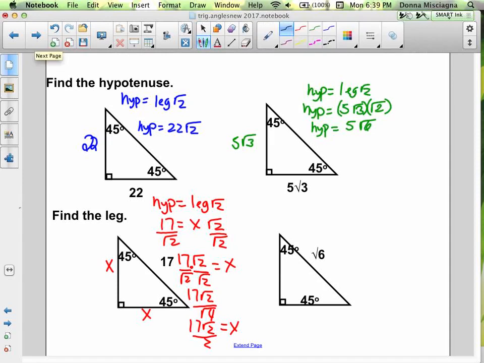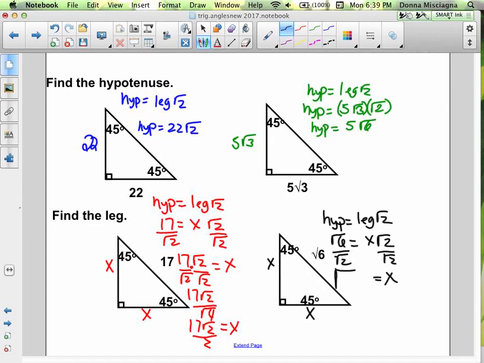So here we're solving for x. It's actually a pretty easy one. So hypotenuse is leg times the square root of 2. Square root of 6 is, and we'll just call x times the square root of 2. We'll divide both sides by the square root of 2. This just becomes x.